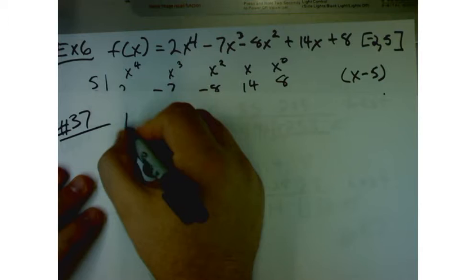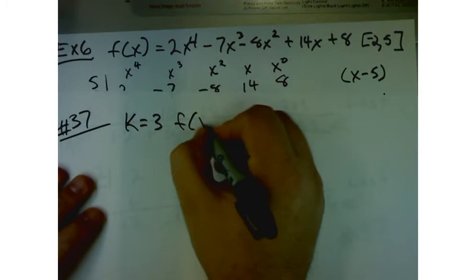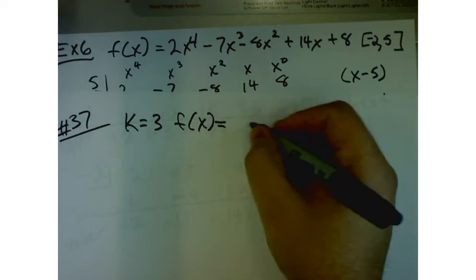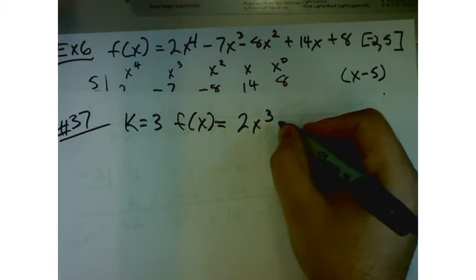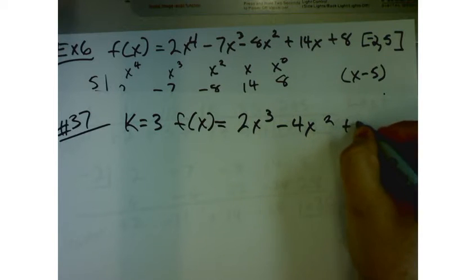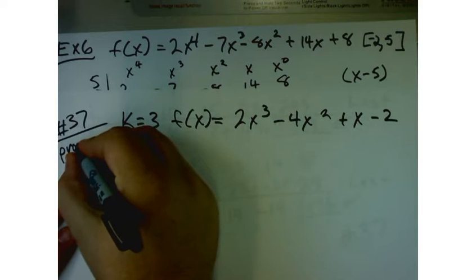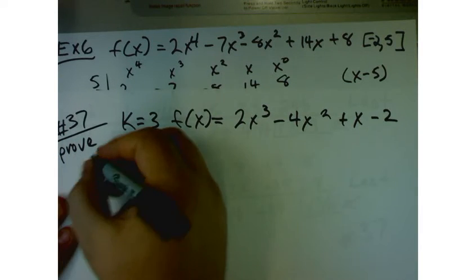They say that k is equal to 3, and they give you the function f of x is equal to 2x cubed minus 4x squared plus x minus 2. And they want us to prove that k equals 3 is the upper bound.